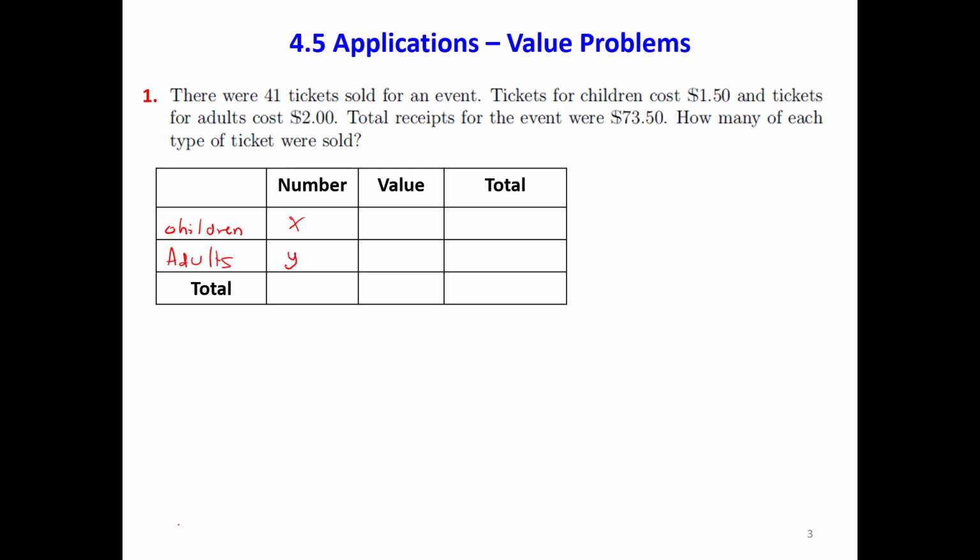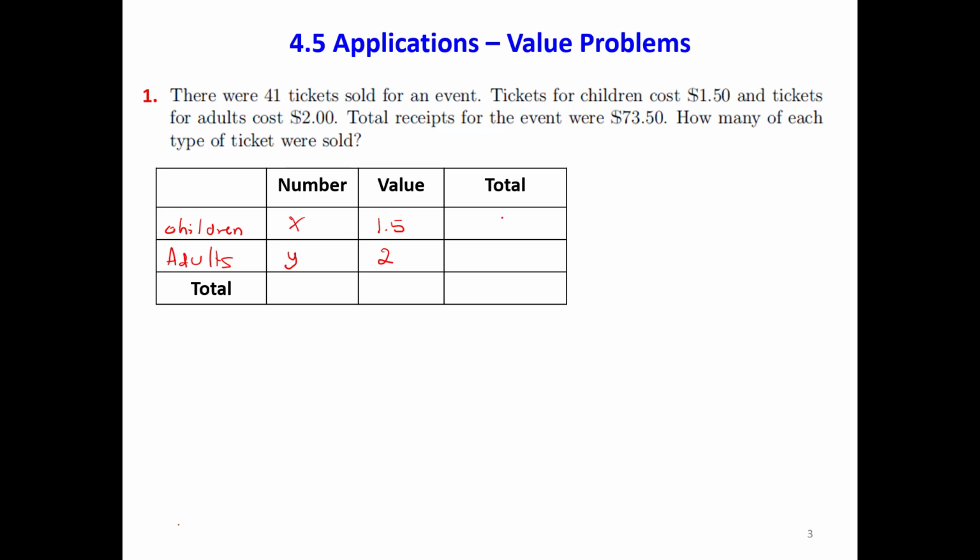Now the value for each ticket. What is the cost for one ticket? In the case of the children, we have 1.5. And in the case of the adults, we have $2. To get the last column, we will always multiply the first two.